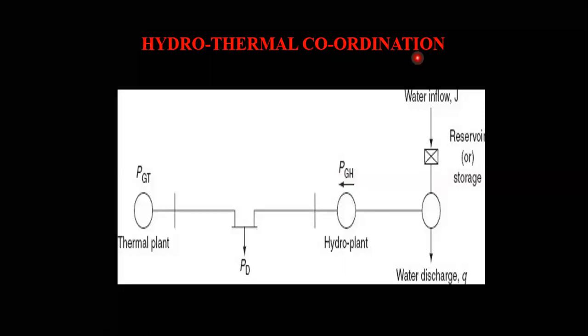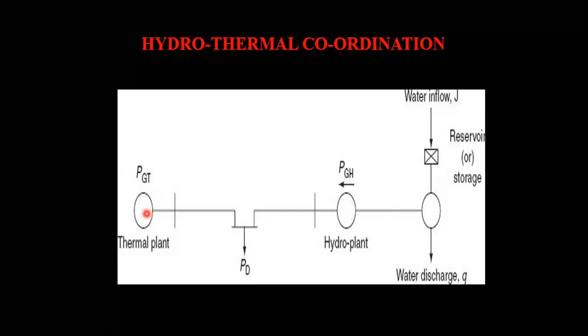But the thing is, already we have seen how to solve an optimization problem in thermal power plants. But here, when we are considering hydrothermal coordination, how to solve an optimization problem? This is very, very important. When we are considering a thermal power plant, we need to consider the objective function.